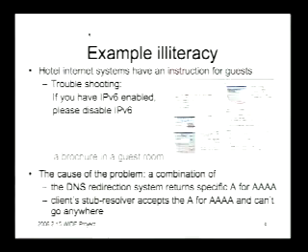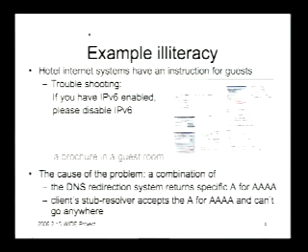Here is an example. Hotel internet systems have an instruction for their guests. For troubleshooting, they say: if you have IPv6 enabled, please disable IPv6. This picture is the real brochure of the hotel.